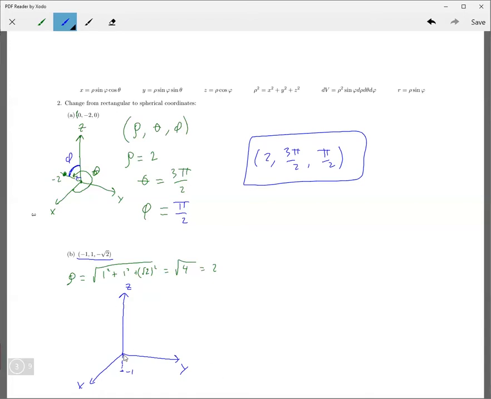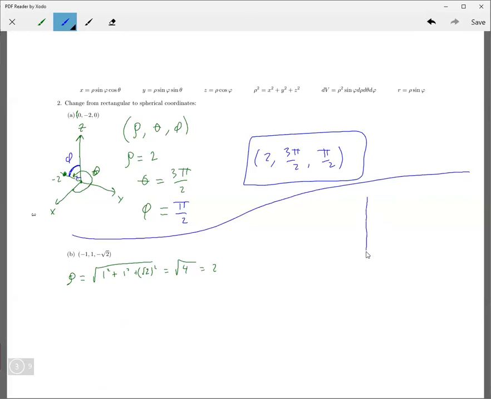No, wait. That's not z first. Hold on. Let's do it over here. Okay, so we have the z-axis up here, the y-axis coming out this way, and the x-axis coming out this way.